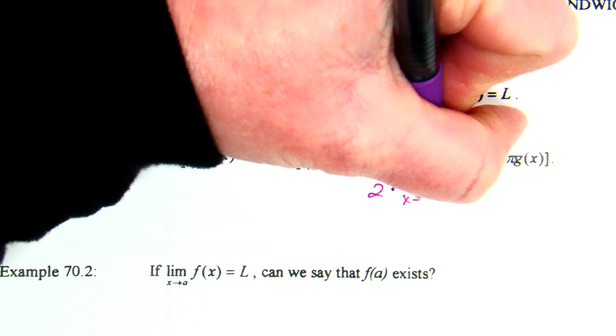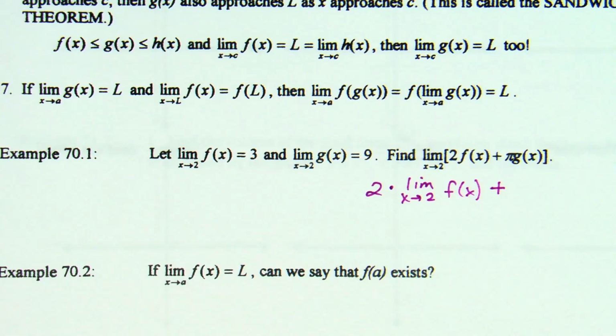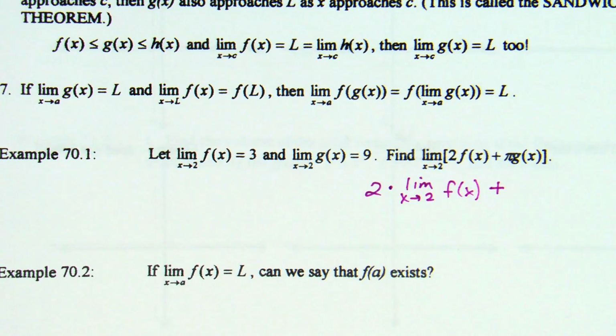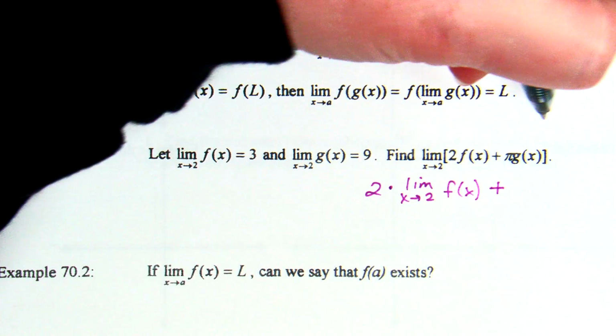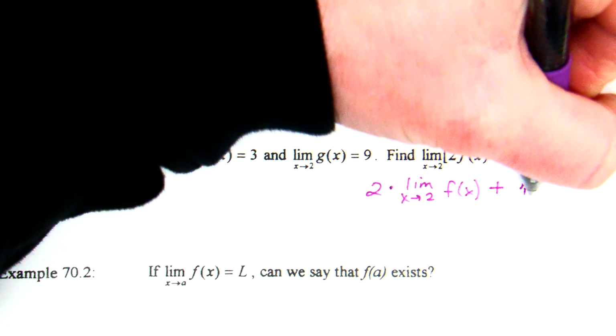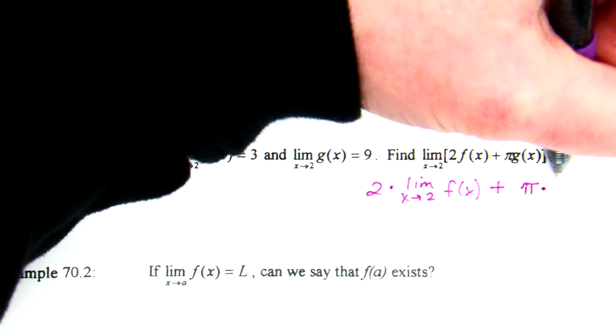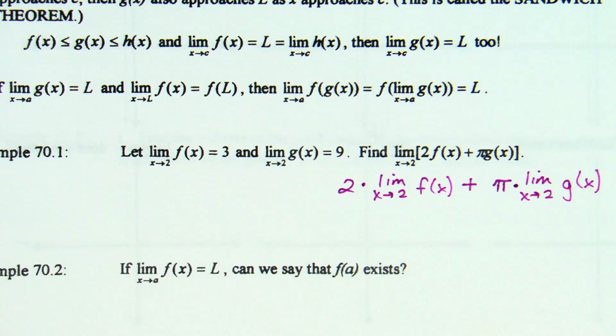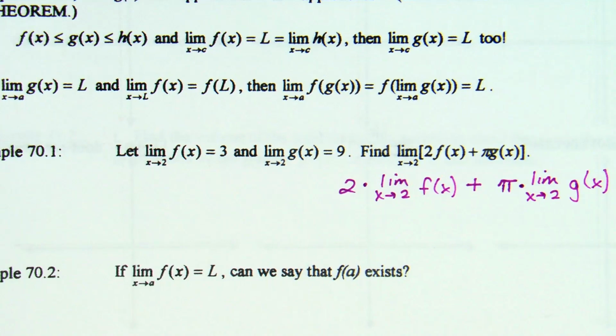So I can write this as 2 times the limit as x approaches 2 of f of x, plus a similar thing on the second one: the limit as x approaches 2 of pi g of x. Pi, again, is a constant, so you can move it out front, times the limit as x approaches 2 of g of x. That's what all my rules from above say makes this legal.